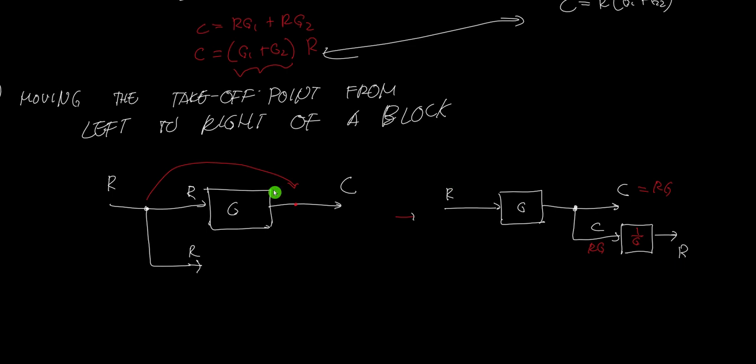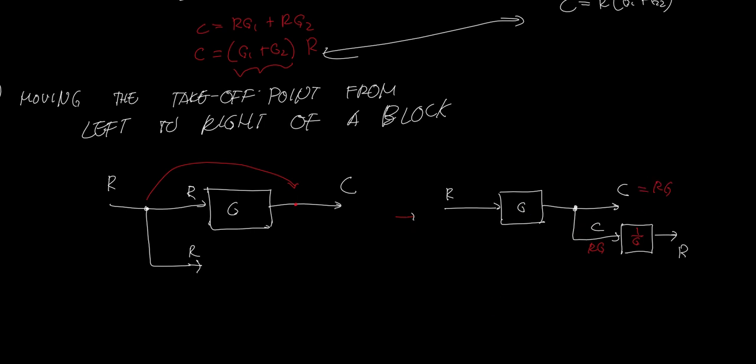So in conclusion, if you want to move the takeoff point from left to right, you just need to add another block at the branch, at the signal here, and the transfer function of that block should be equal to the inverse of the forward path transfer function.